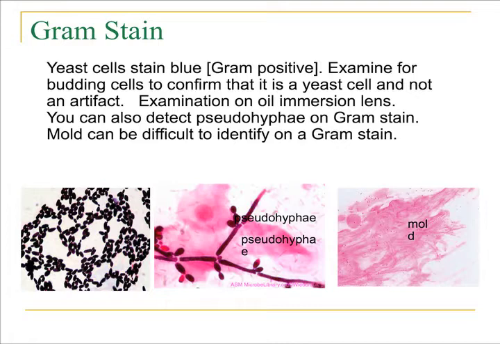Examination is usually required on oil immersion lens to be able to make out these characteristics. As you look on the bottom right-hand side, you can see what a mold looks like on a Gram stain. It will sometimes pick up a bit of the safranin counterstain, but it does not stain very well, and mold can be really kind of hard to visualize on a Gram stain, and is not a suggested technique.